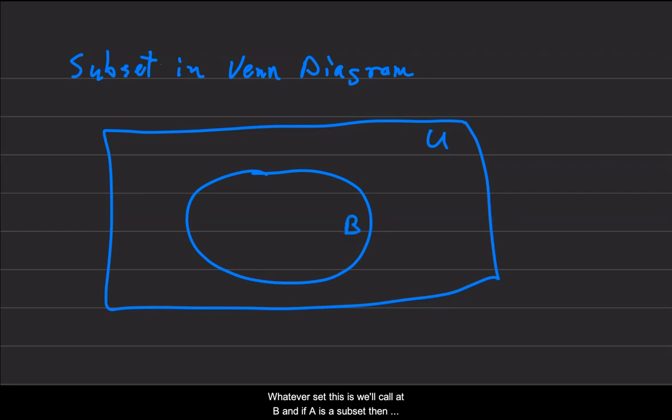Whatever set this is, we'll call it B. And if A is a subset, then it's completely contained within the circle of B. So it would be like that. And that would be a visual representation for your subset.